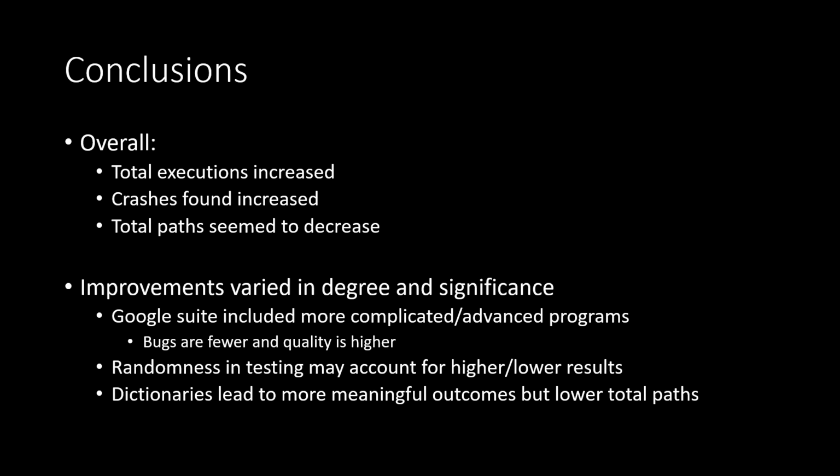And dictionaries, like I said, lead to more meaningful outcomes, but they make you suffer in total paths. So that's the outcome from our experiment. We can conclusively say we increased total executions and we increased the number of crashes. We just did not increase the total number of paths.